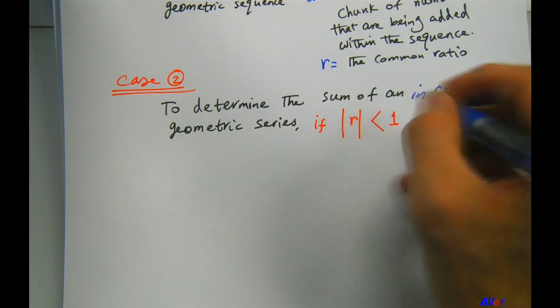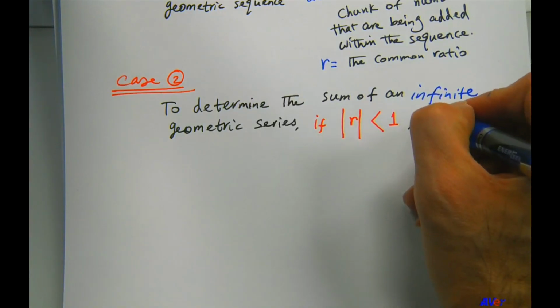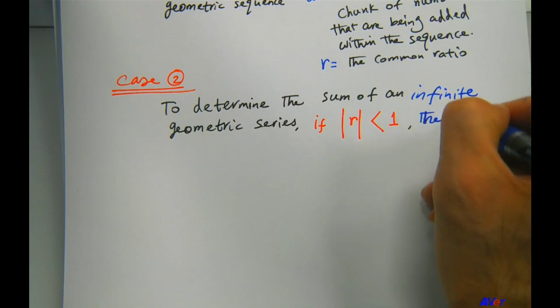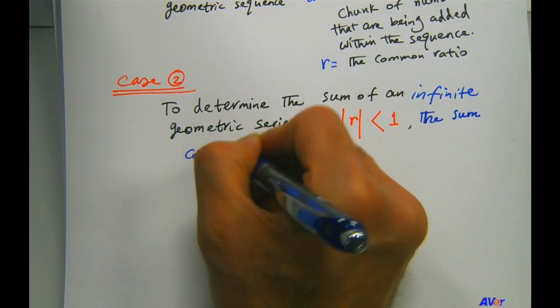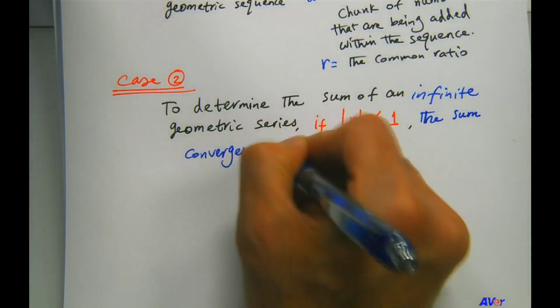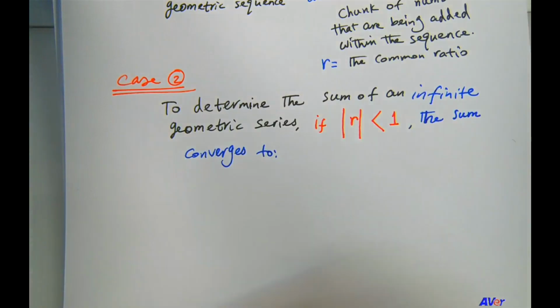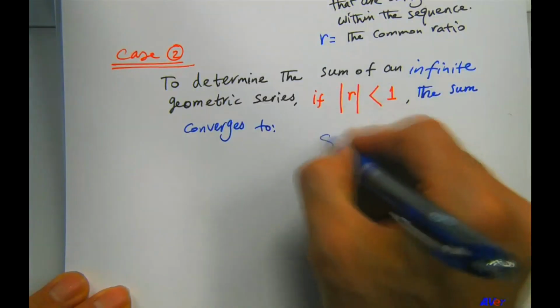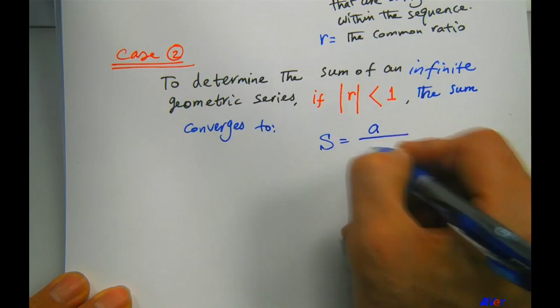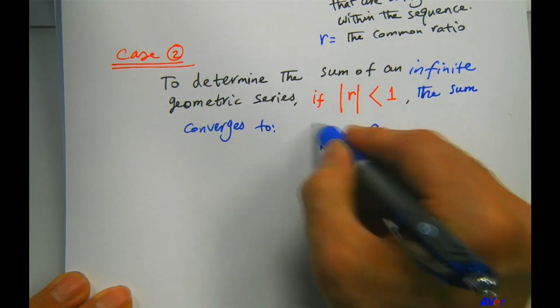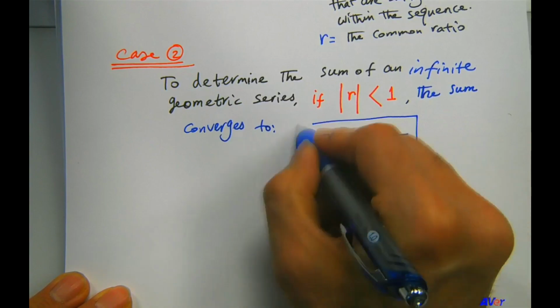this is all important, so I'm going to switch colors. The sum converges to this sum. So S equals A divided by 1 minus R. Okay?